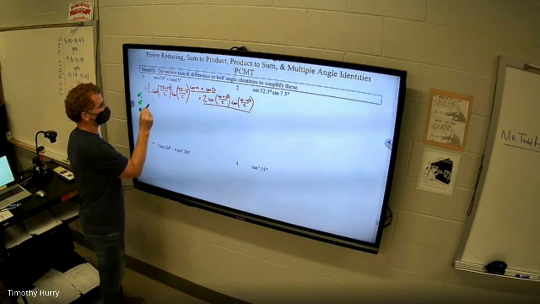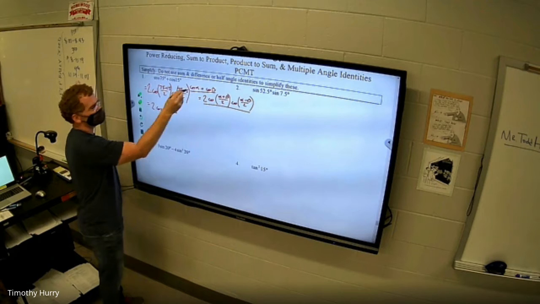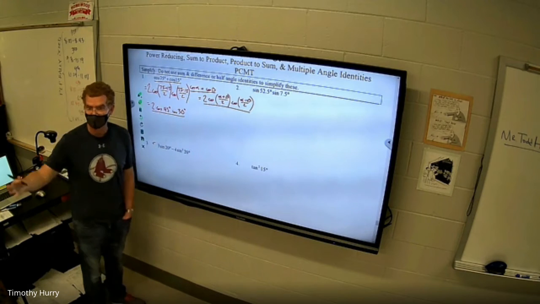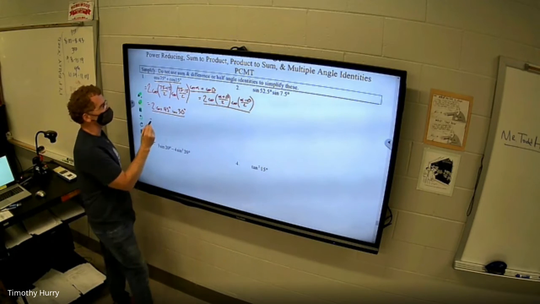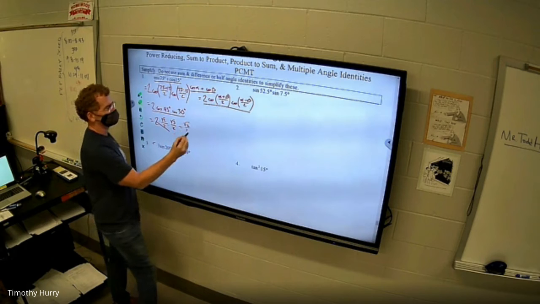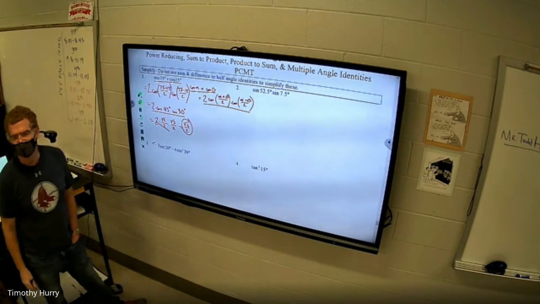And that gives me 2 cosine of 90 over 2, which is 45, and 60 over 2, which is 30. And I've converted this from a sum to a product, and magically I see the angles on my unit circle, so I can take the cosine and the sine of them and get root 6 over 2. Who knew?